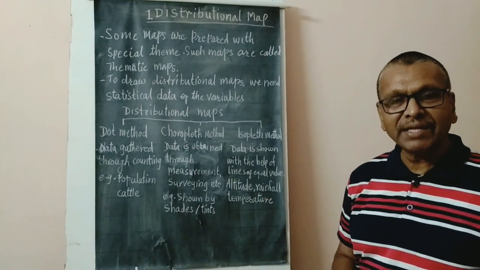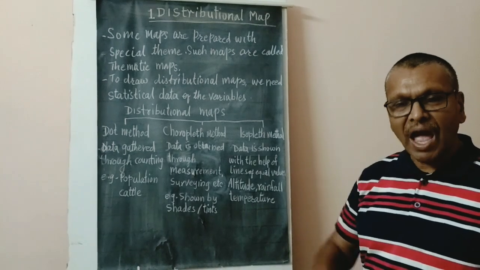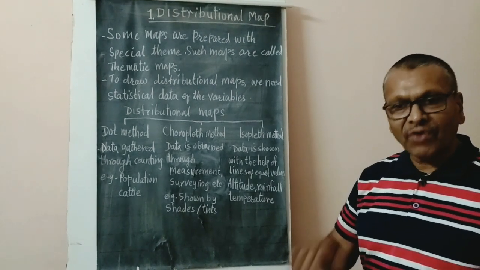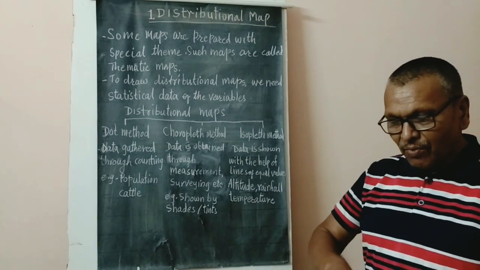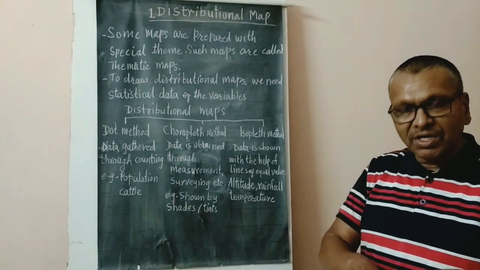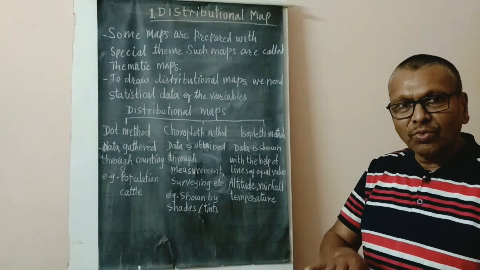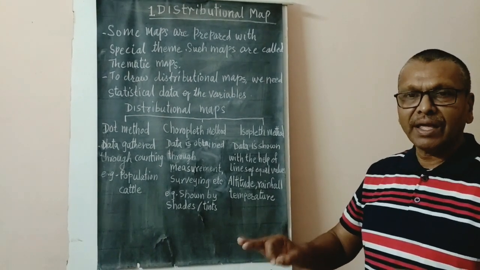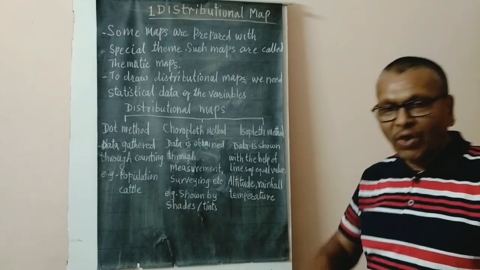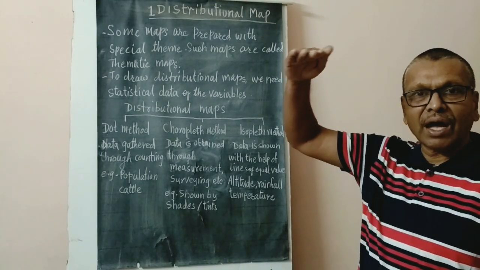Altitude means, my dear student, the height of a place from mean sea level. Mean sea level means from where the water touches the ground. That is called 0° mean sea level, MSL. From there, how high we are.